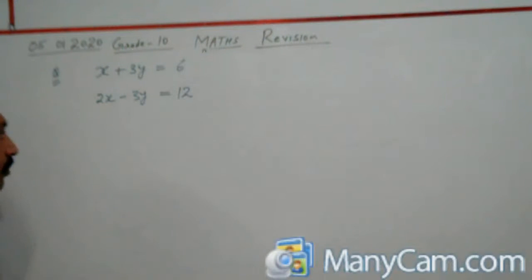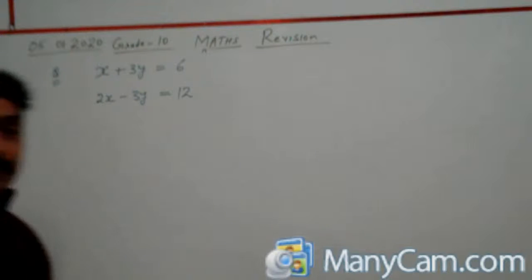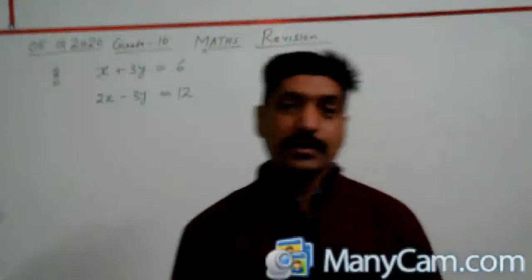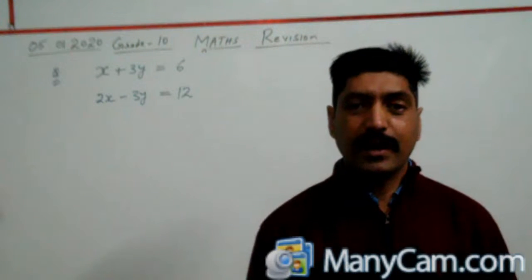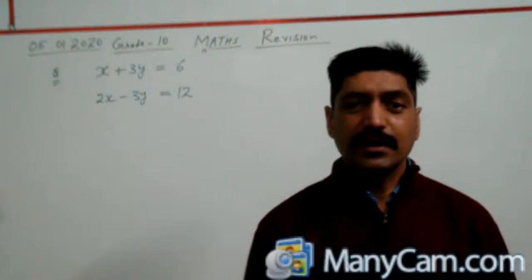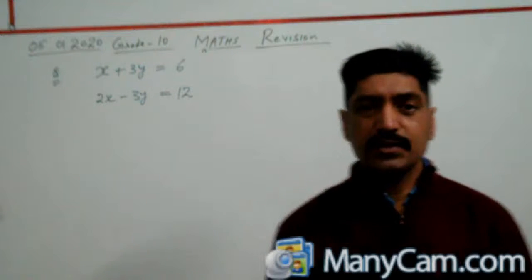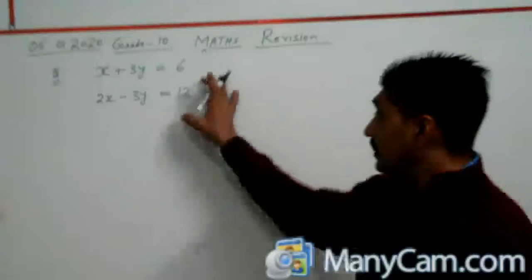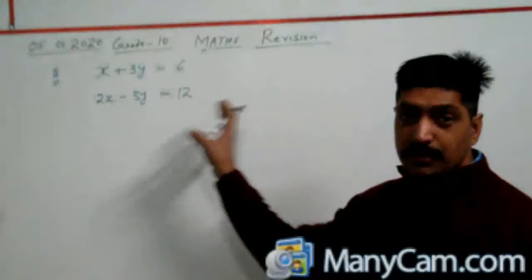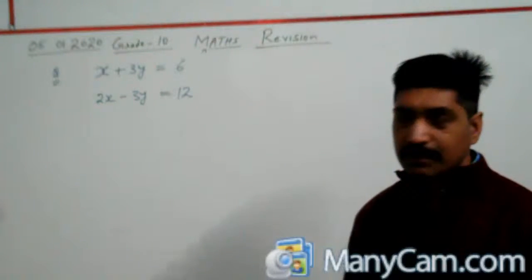You have to plot these two lines, and tell where these lines intersect each other graphically. You have to mention what the solution is, the point of intersection. This is a grade 9 based question, but it was asked in the final exam.